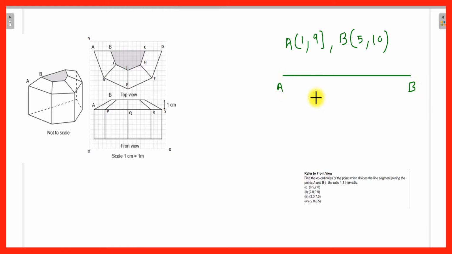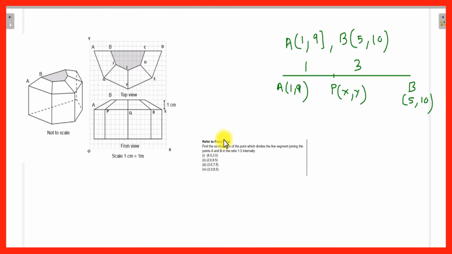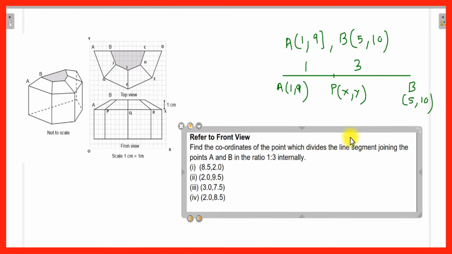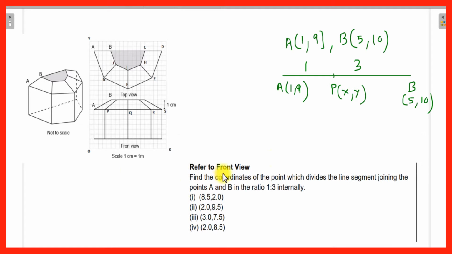A coordinates are 1 and 9 and the coordinates of B are 5 and 10, and it is asked in the question that there is a point P, whose coordinates are x and y, and this point P divides this line segment in the ratio 1:3. Now it is very simple. You can solve this. I increase the view of the question now, and options.